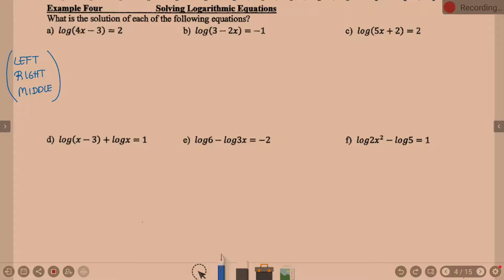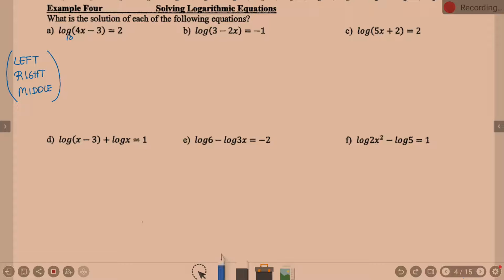So, my suggestion with log equations, guys, we want to get logs out of there. So we're going to change these to exponential functions. Now, before we do this, what base is this log equation? If there's no base written there, we assume it is base 10. So if your log is on the left, left, right, middle.